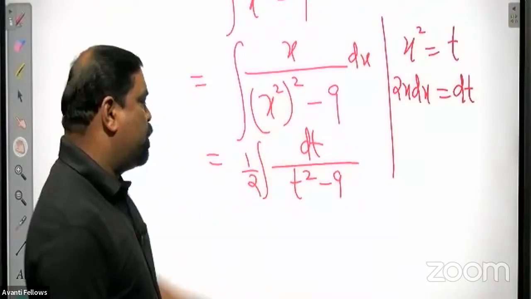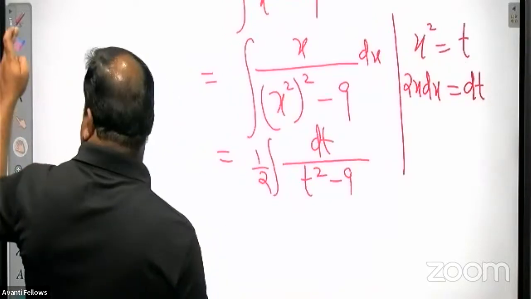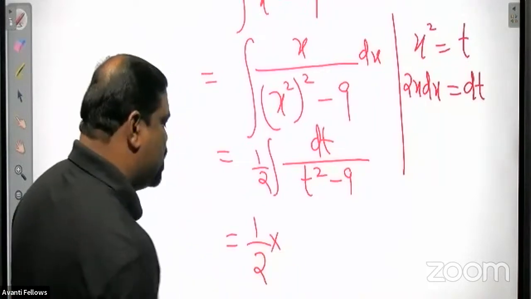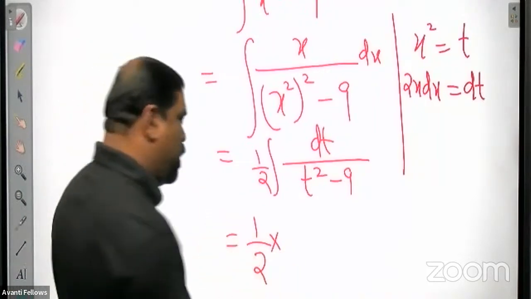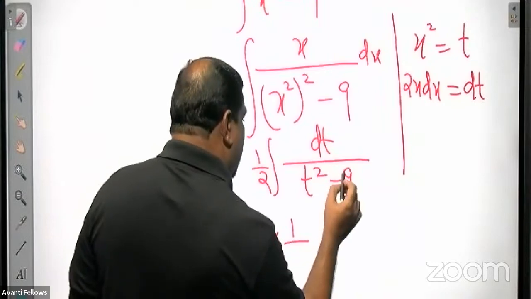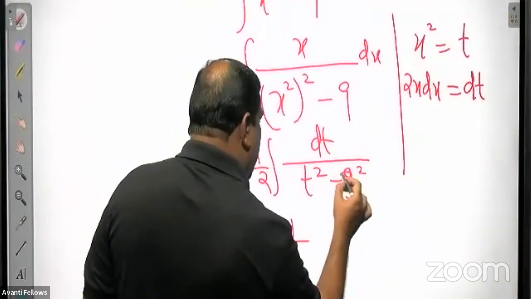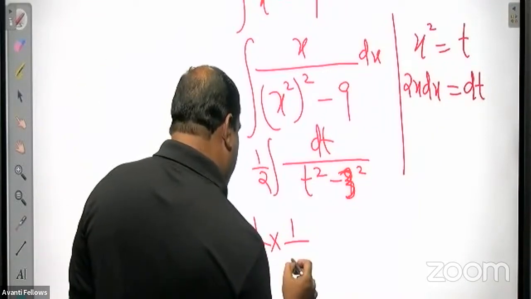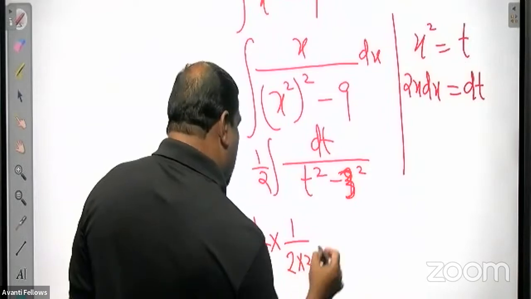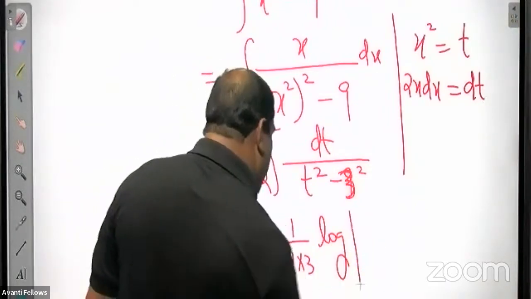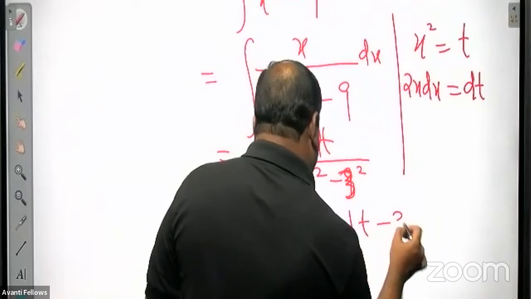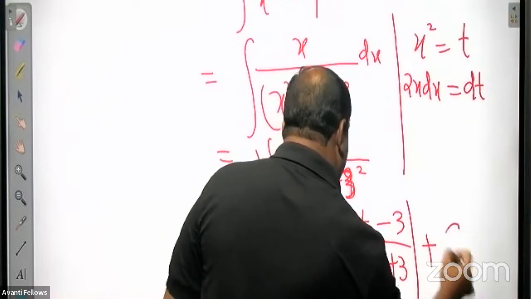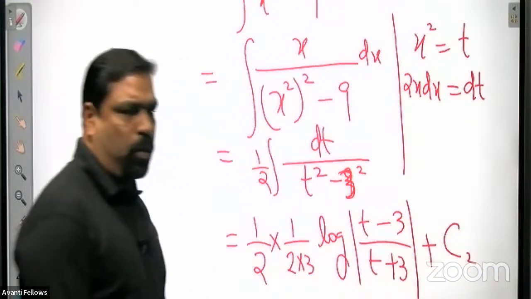You know the formula; everybody must know all the standard integral formulas. So 1 by 2a, what is a here? 3, since 9 stands for 3 square. So 1 by 2 into 1 by 2 into 3, log modulus of t minus 3 divided by t plus 3. Integration is over. Put the constant, we put C2.